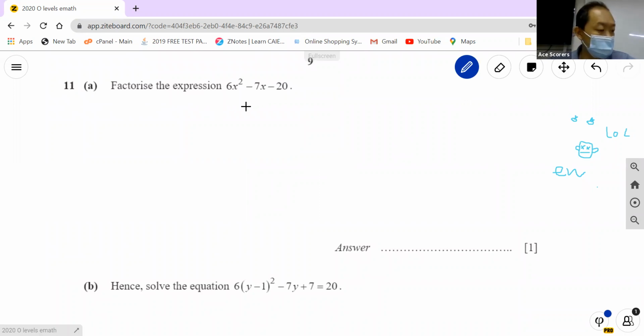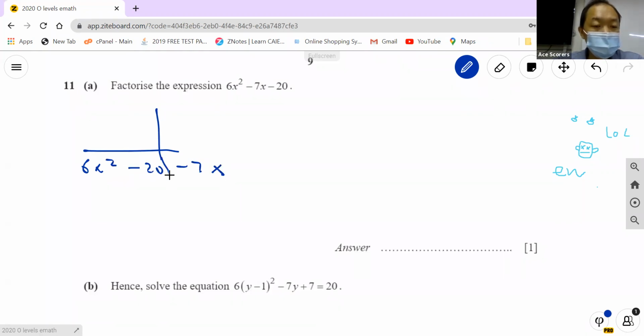6x squared minus x minus 20. Let's factorize. So you do the factorization. x squared minus 20. So this becomes 3x.